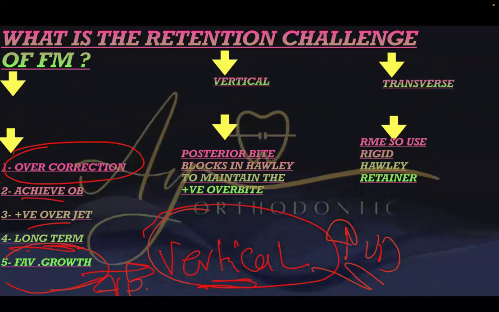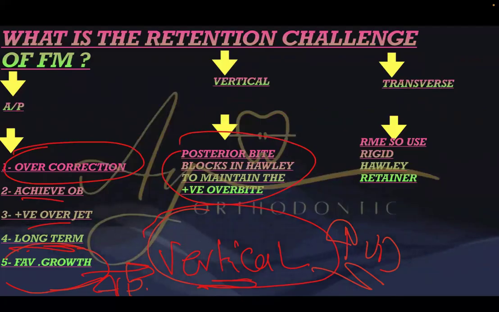What about the vertical? Okay, I need to do posterior bite blocks. The patient has the whole maxilla falling into the mandible. If you are not going to place posterior bite blocks in your Hyrax, to disarticulate and let the face mask and the Hyrax work freely.